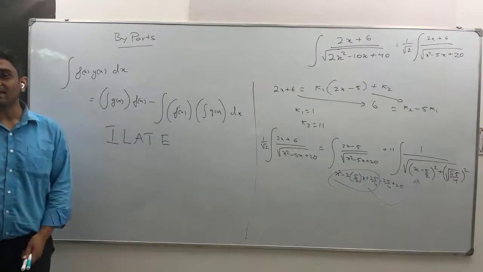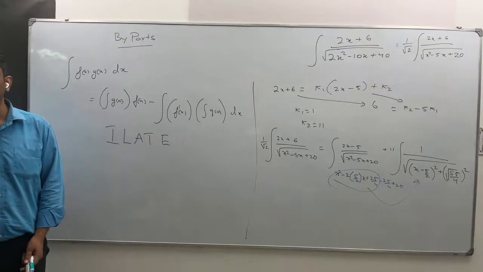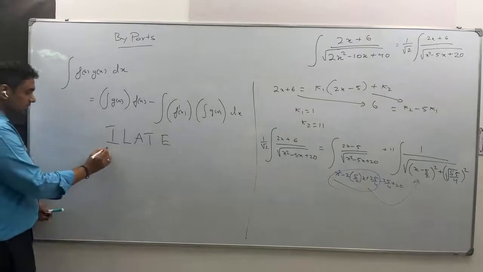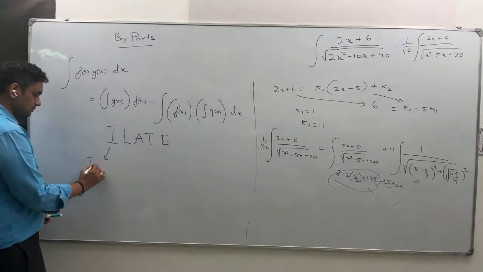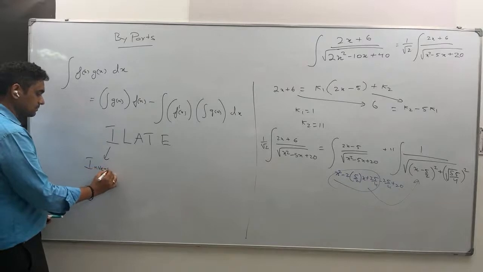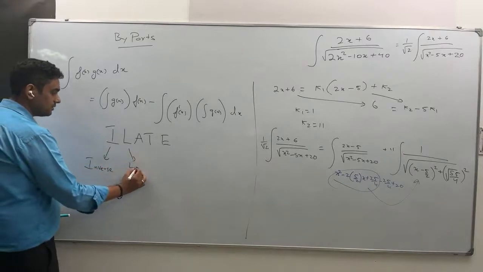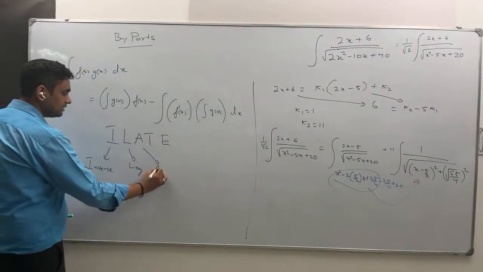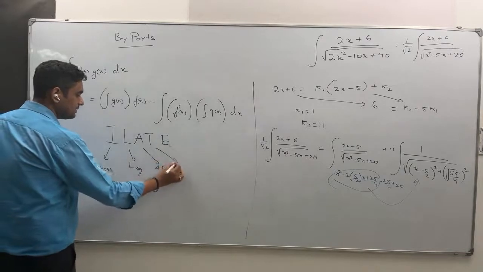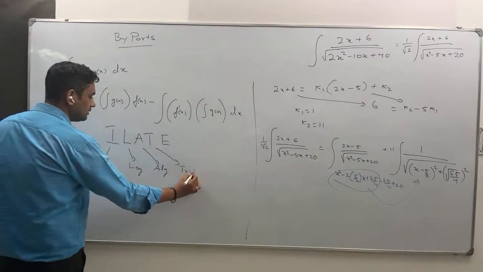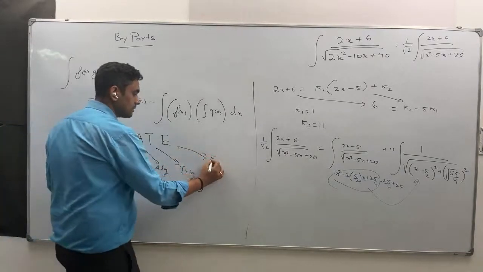Now, ILATE stands for the types of function we are talking about. I stands for inverse, L stands for logarithmic, A stands for algebraic, T stands for trigonometric, E stands for exponential.